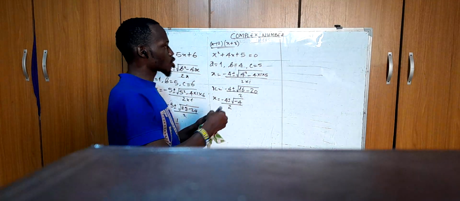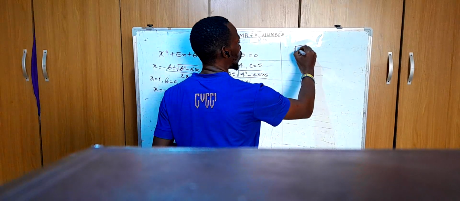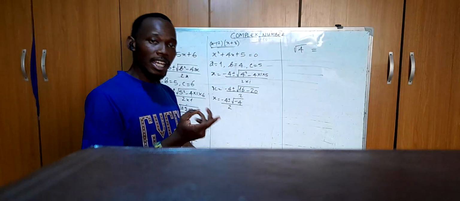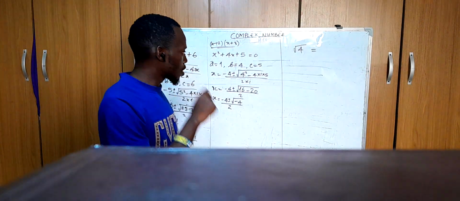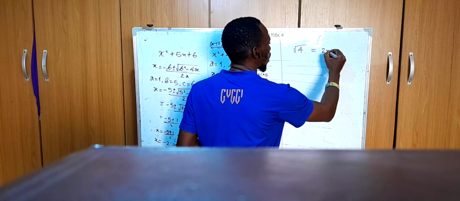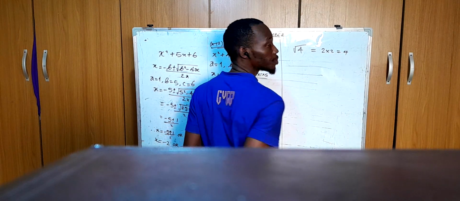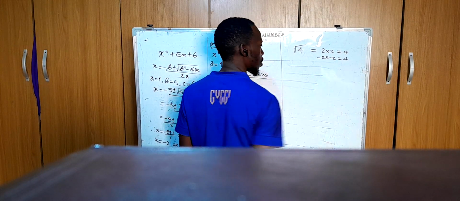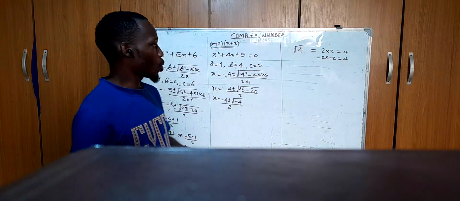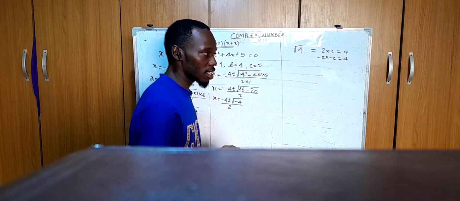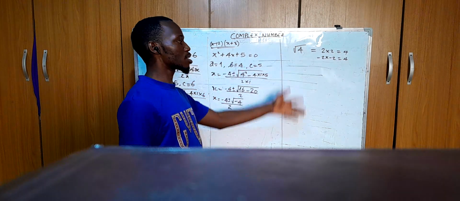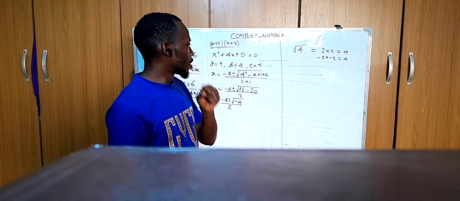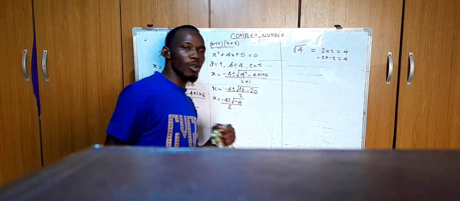Like, let's say the square root of 4 is either 2 or negative 2. 2 times 2 gives us 4, right? Minus 2 times minus 2 gives us 4. So when you're looking for the square root of a number, it's actually multiplying the same number with the same sign. Now, in this case, we have the square root of minus 4.